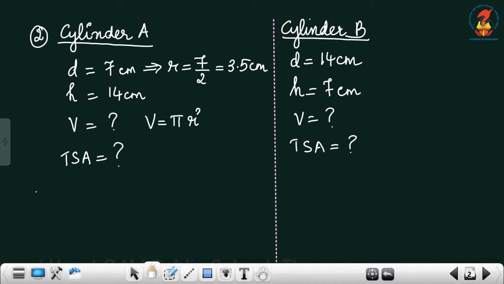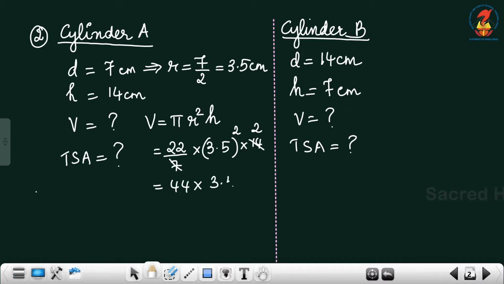Pi r square h. Until and unless stated, value of pi is 22 by 7 into r square means 3.5 the whole square into 14. 7 goes in 14 2 times. So 44 into 3.5 whole square.